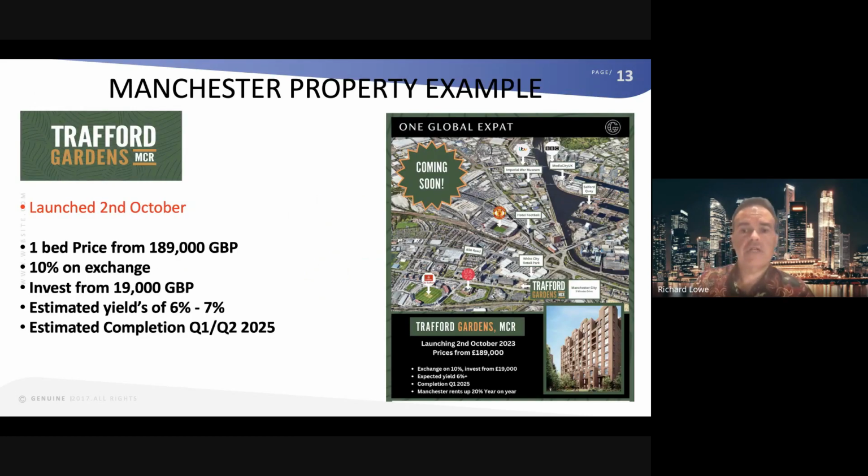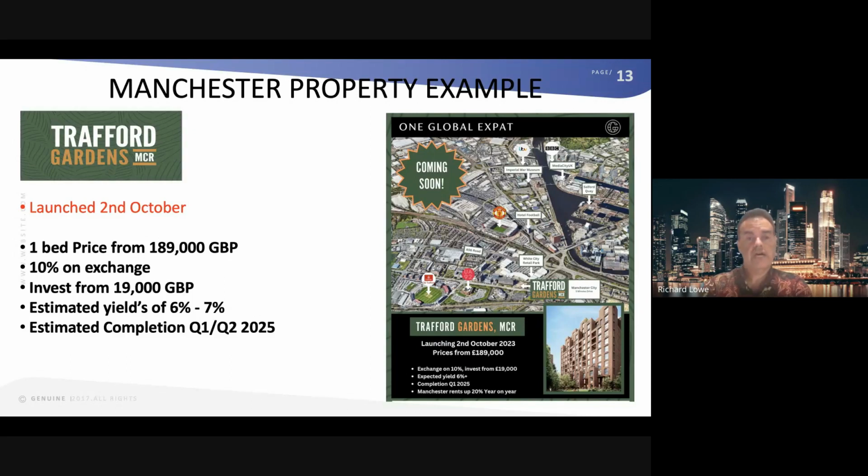And here we have an example of a property that we recently launched. Again, it's a classic example of a traditional buy-to-let in Manchester, which has been one of the best performing cities in the UK over the last 5 to 10 years. So again, that's traditional property investment: you're buying a property, in this case the entry level is £189,000. It is an off-plan property that's due to complete in early 2025.